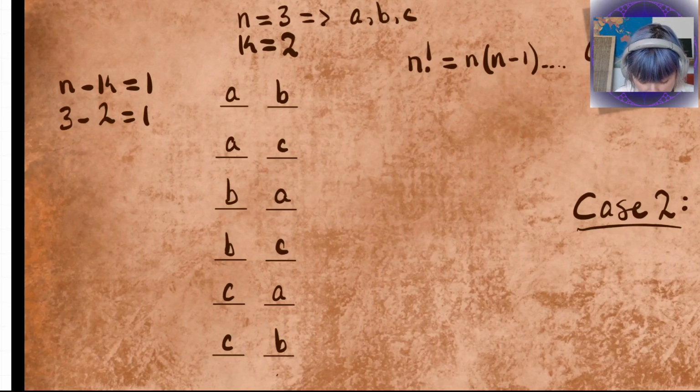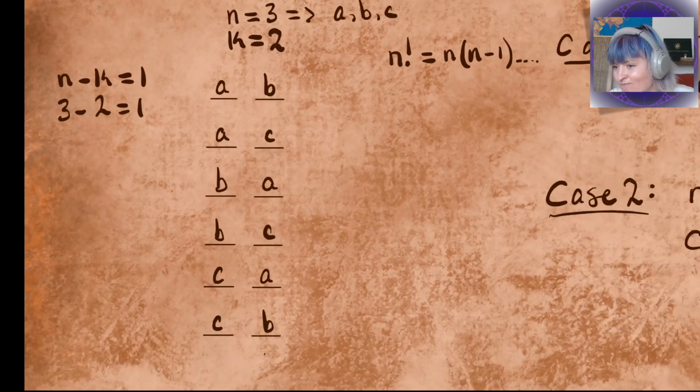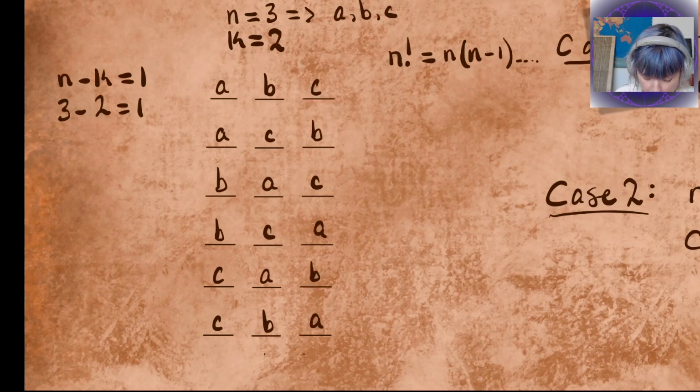I mean, we still have 6 permutations here. So I think instinctually we would probably think, hey, if I'm removing a column, then there's a chance that I'm reducing the amount of permutations. But in this case, after removing this, it's not really the case.